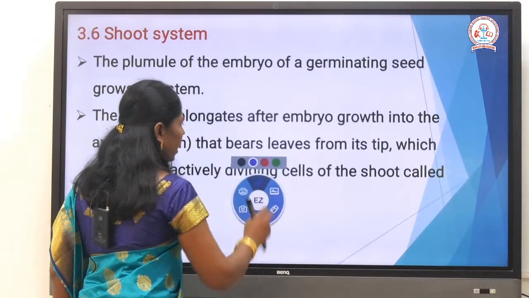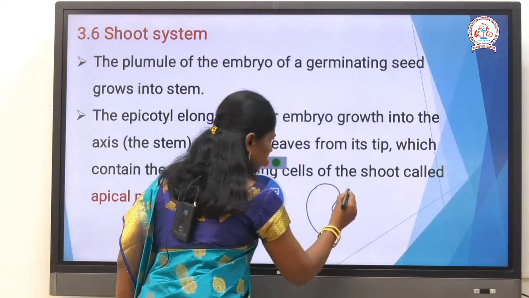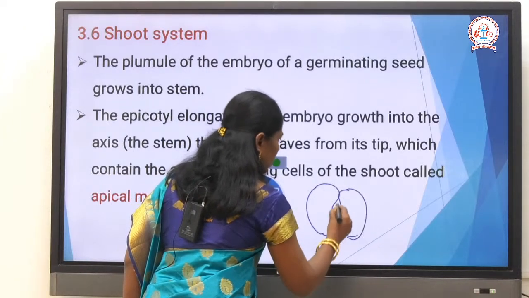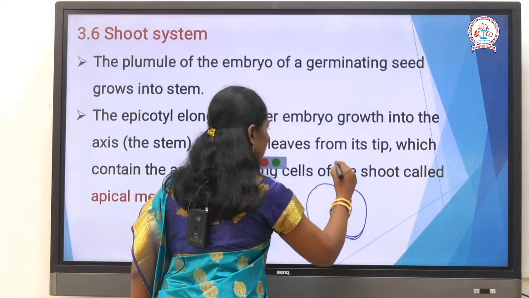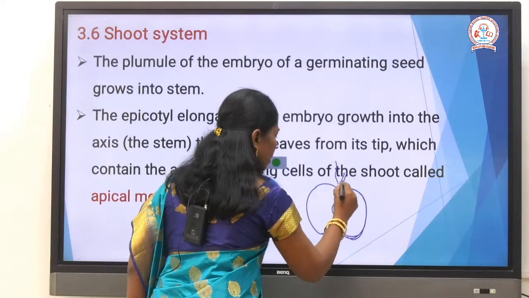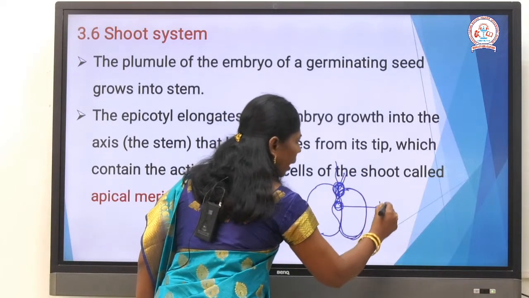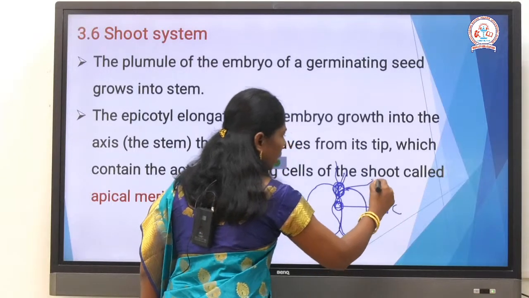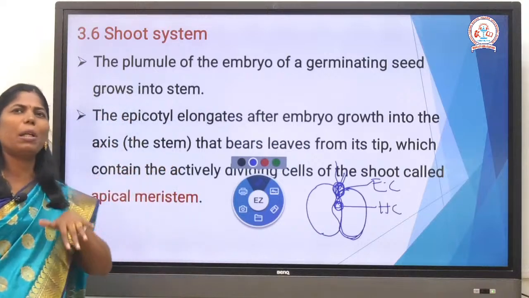This region is considered the epicotyl. This region is considered the hypocotyl. This is the epicotyl and this is your hypocotyl, above the cotyledons and below the cotyledons.